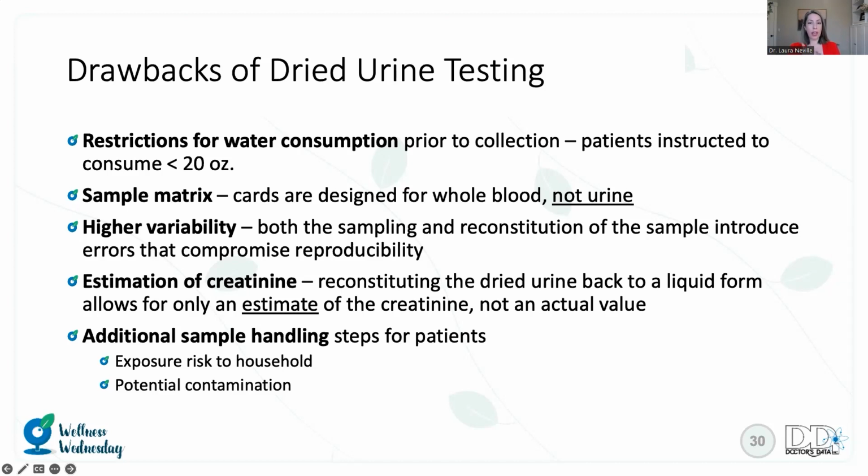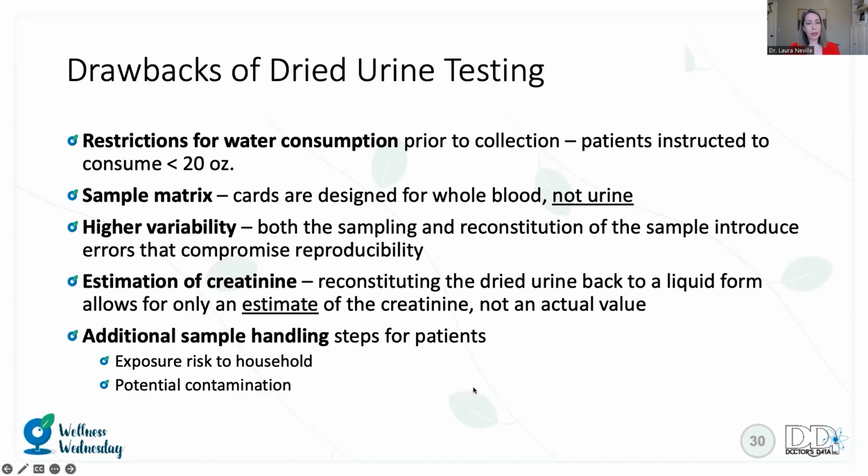That's used in a calculation for every single marker that's reported. So you really have to have the most accurate creatinine value that you possibly can. When we're estimating it right from the get-go, it just increases that degree of imprecision.